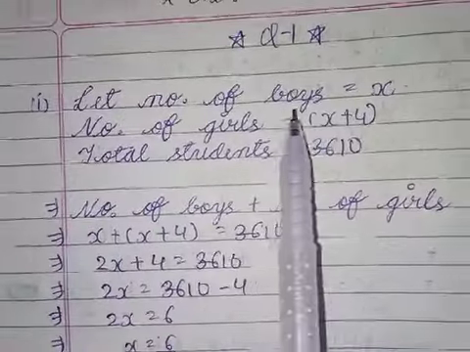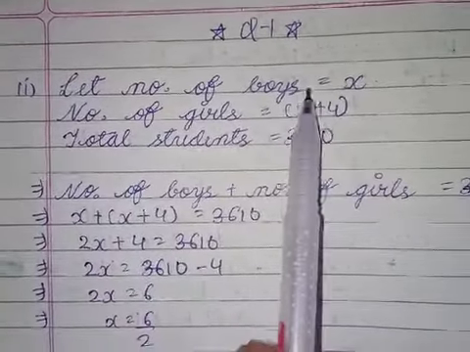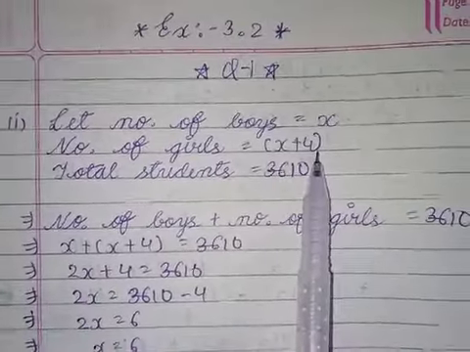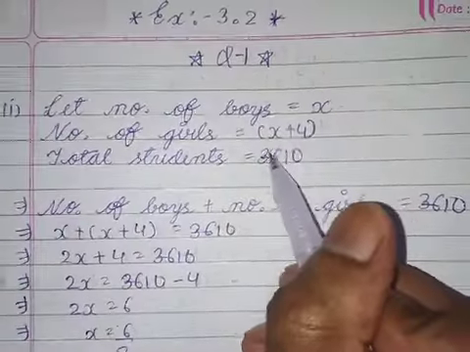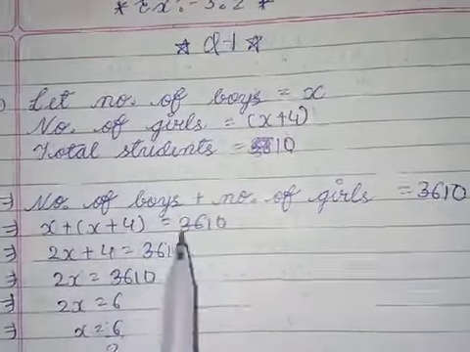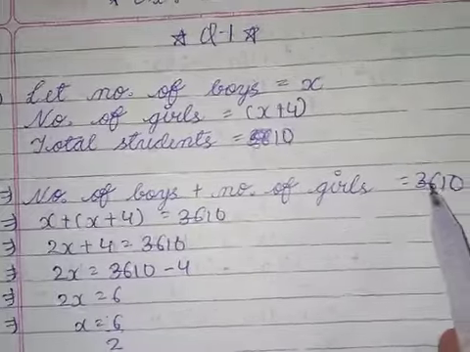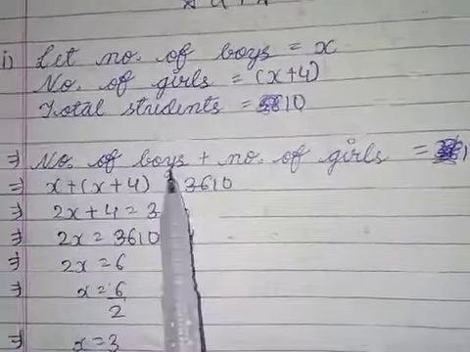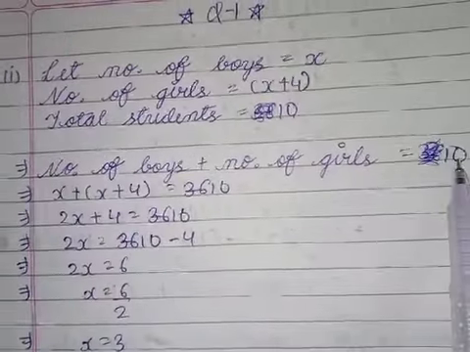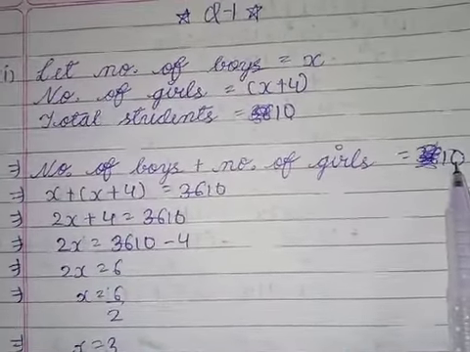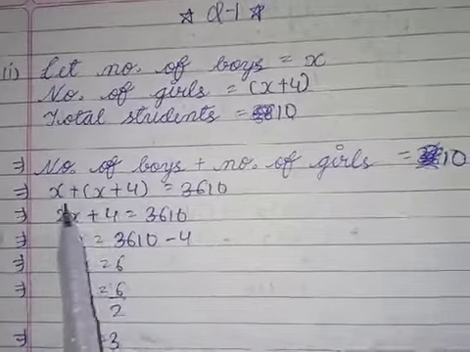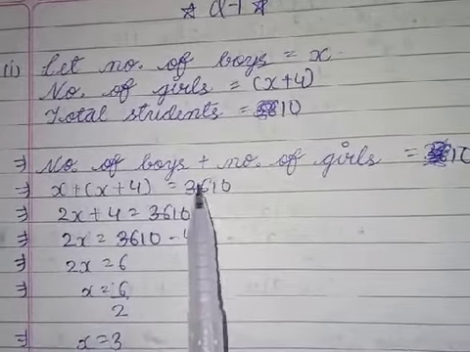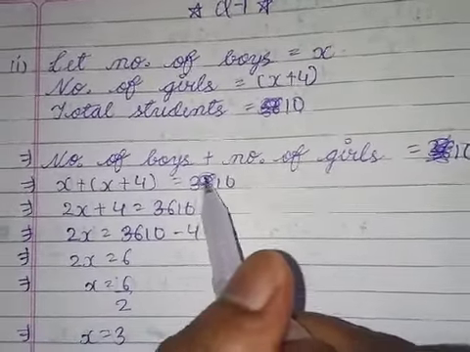Let the number of boys be x. The number of girls is 4 more, so x plus 4. Total number of students is 10. So number of boys plus number of girls is the total number of students, that is equal to 10. So x plus x plus 4 is equal to 10.